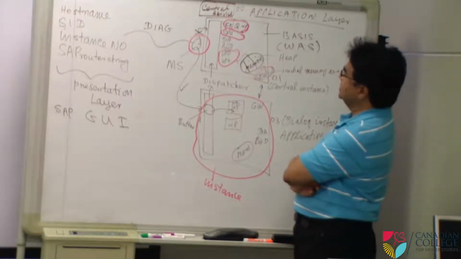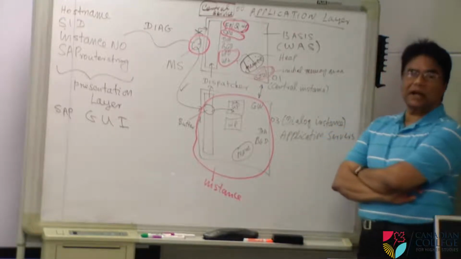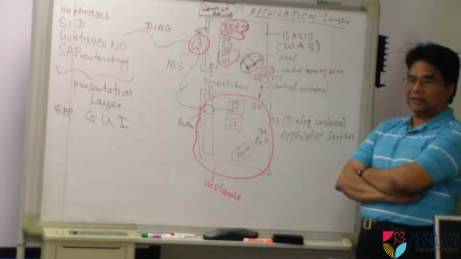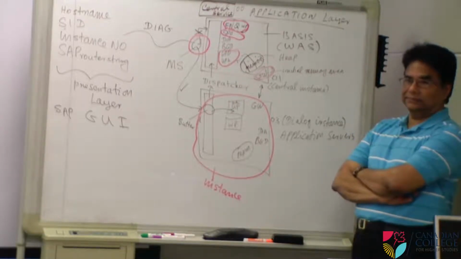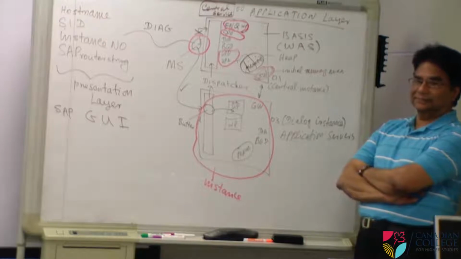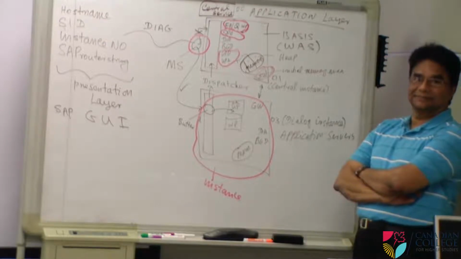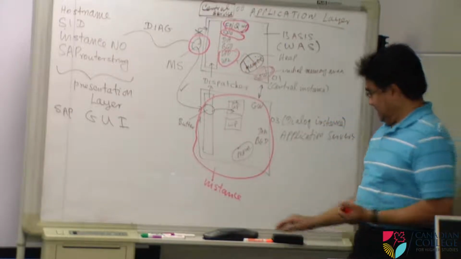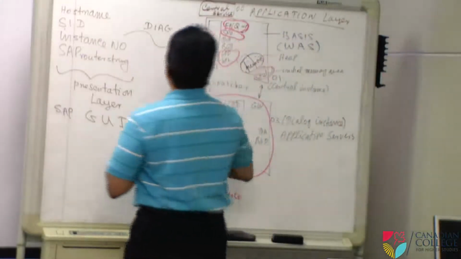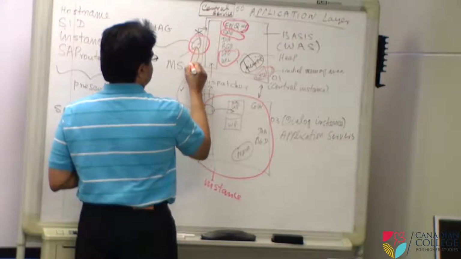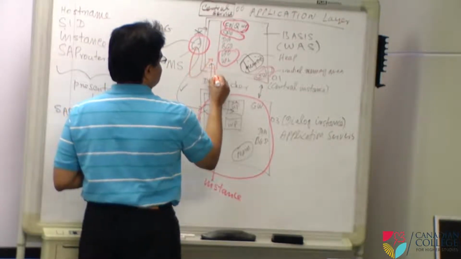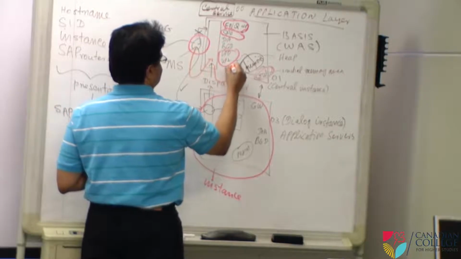Which one starts all the work processes? The dispatcher starts all the work processes, right? So normally the message service should start before the dispatcher starts. Then the dispatcher starts and then starts the work processes.